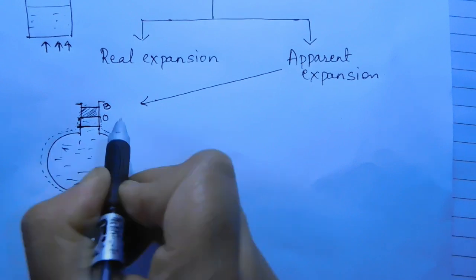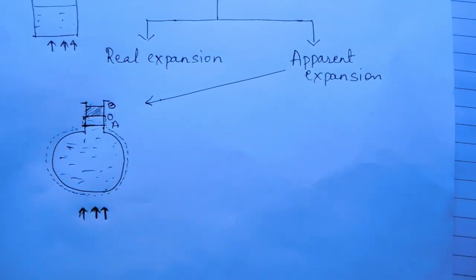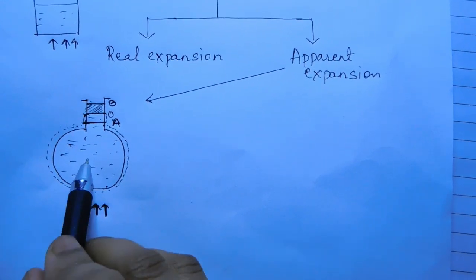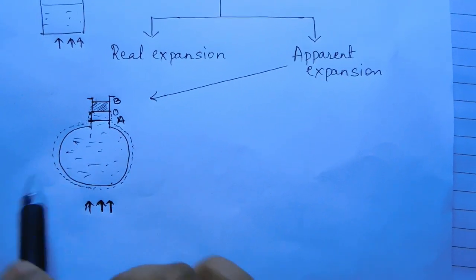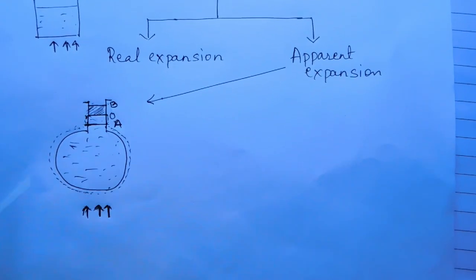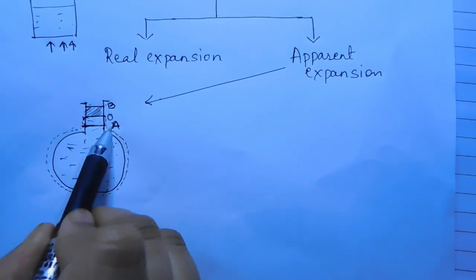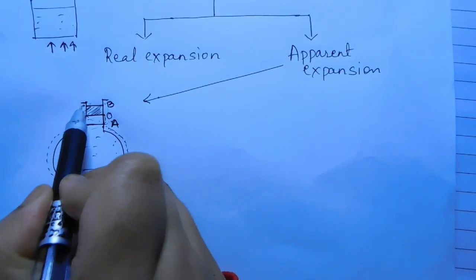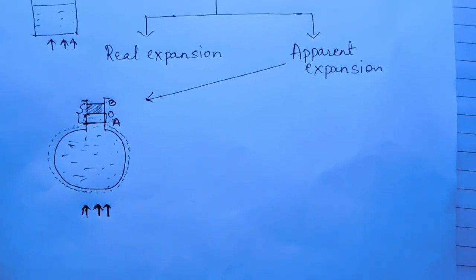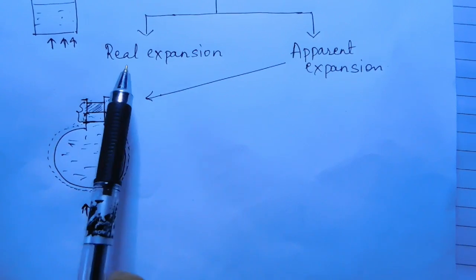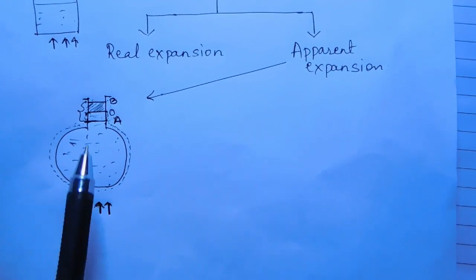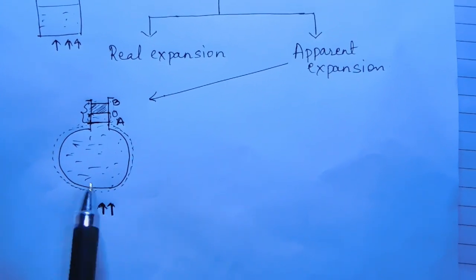Let's take the level as A. After some time, the heat reaches the liquid, and now the liquid expands to B. The level from A to B is the real expansion of the liquid. So we have two types of expansion, real expansion and apparent expansion, because of the expansion of the container as well.